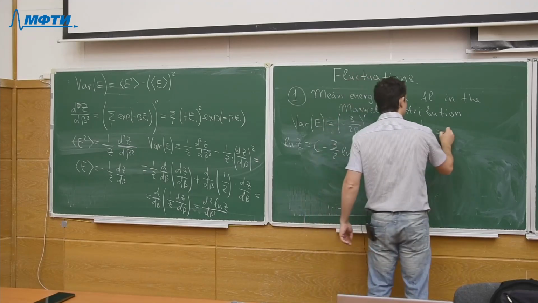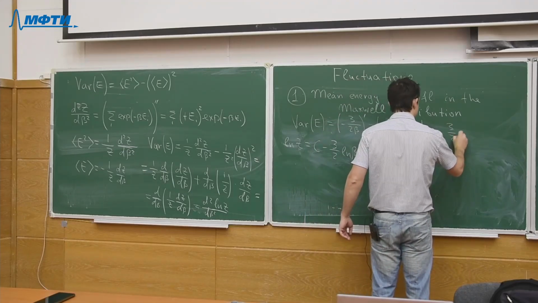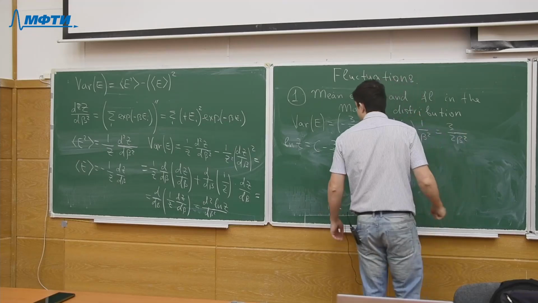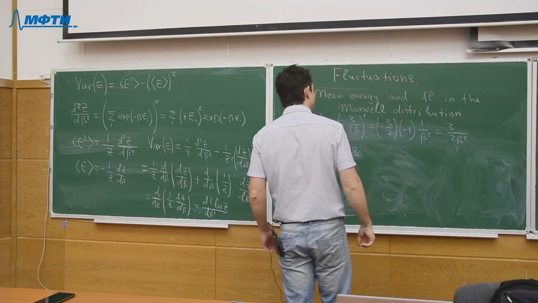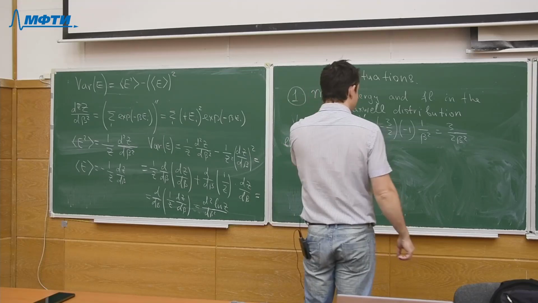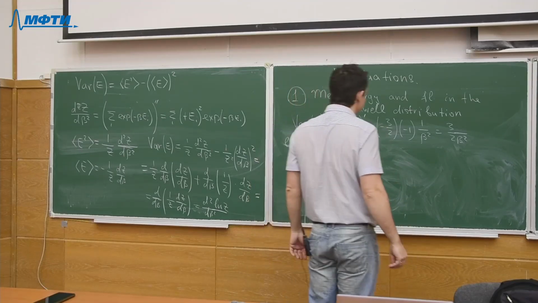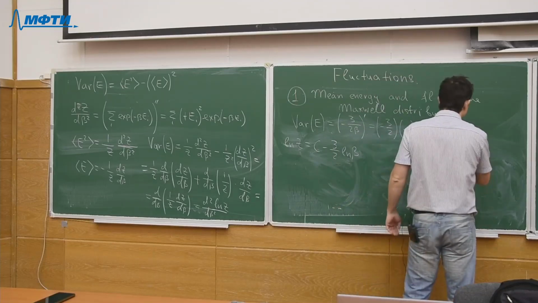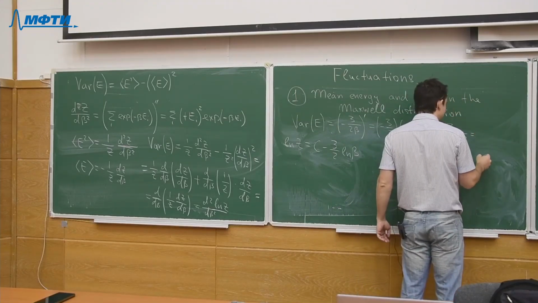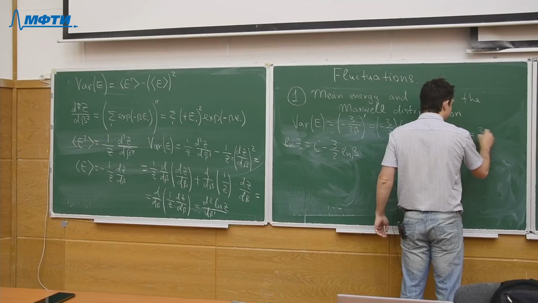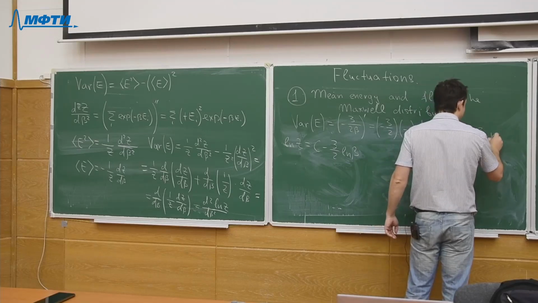So that gives me 3 over 2 beta squared. That's the variance of energy for the single particle here. Now, to give the result in common variables, I need again to replace beta by the reciprocal, kbt. So that gives me 3 over 2 kb squared t squared.